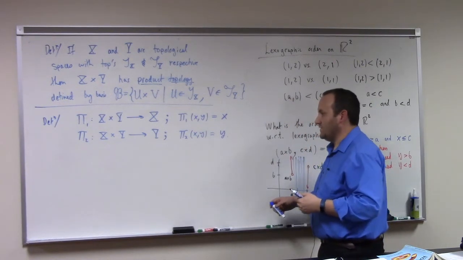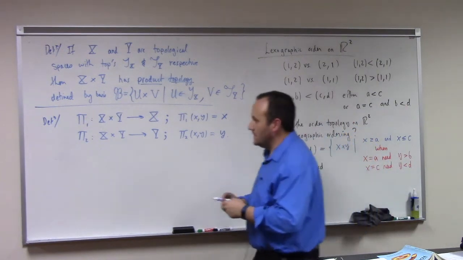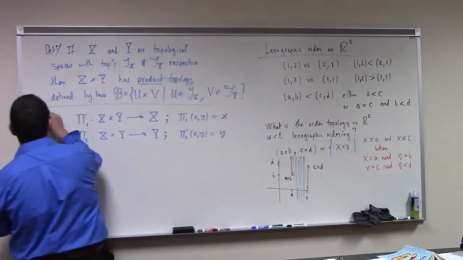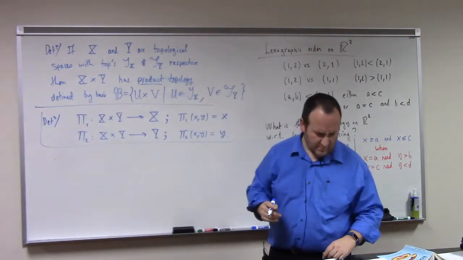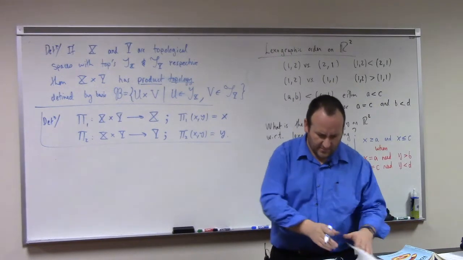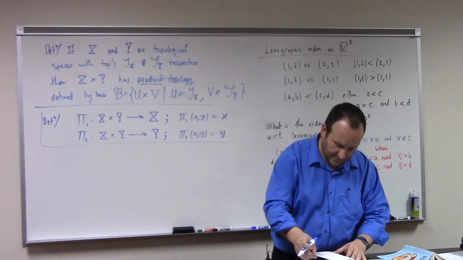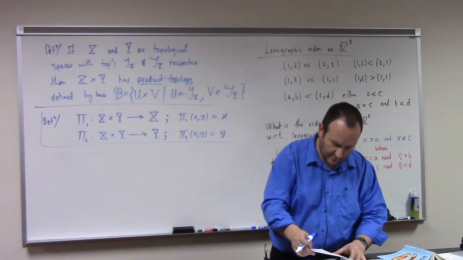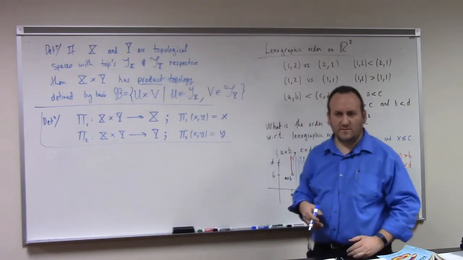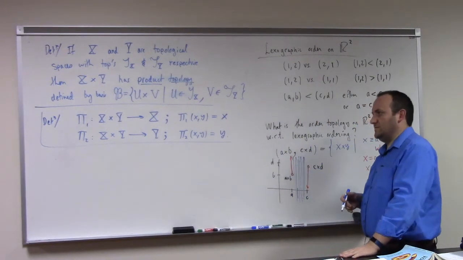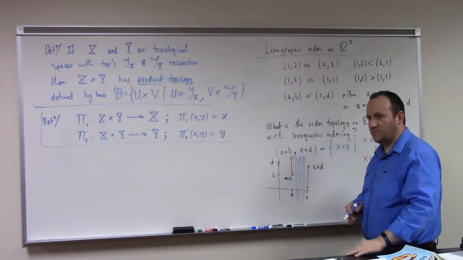To understand that subbasis, we have to look at the inverse image of... I'm kind of debating here. I kind of want to prove these are continuous maps. I think that'd be a good exercise for us at this point. So let's take a step away from my notes and see if we can prove that.